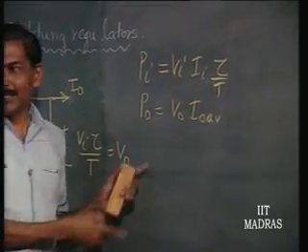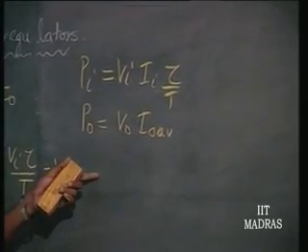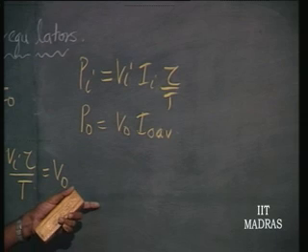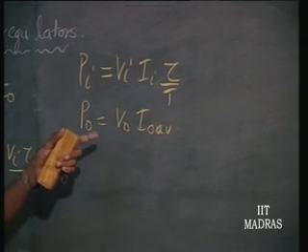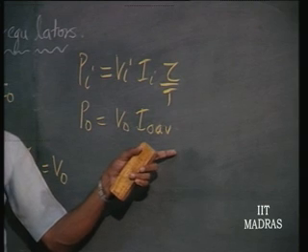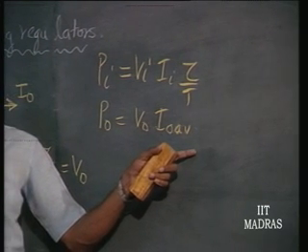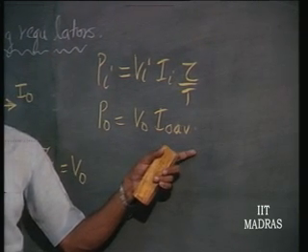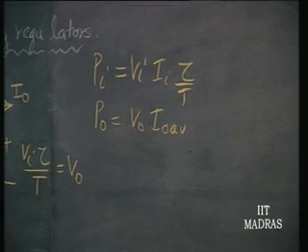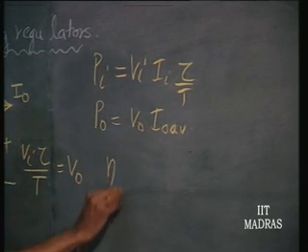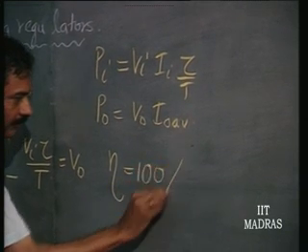So this is nothing but the output power. So efficiency is 100%. II average is the same as I naught average. Is this clear? Now, efficiency is equal to 100%.